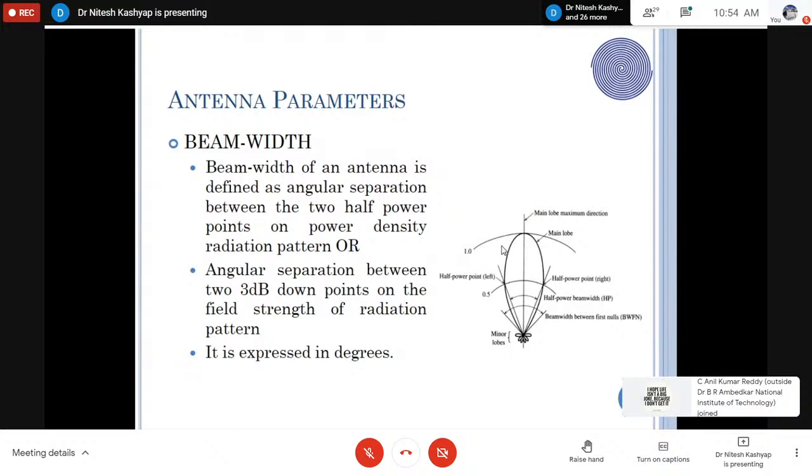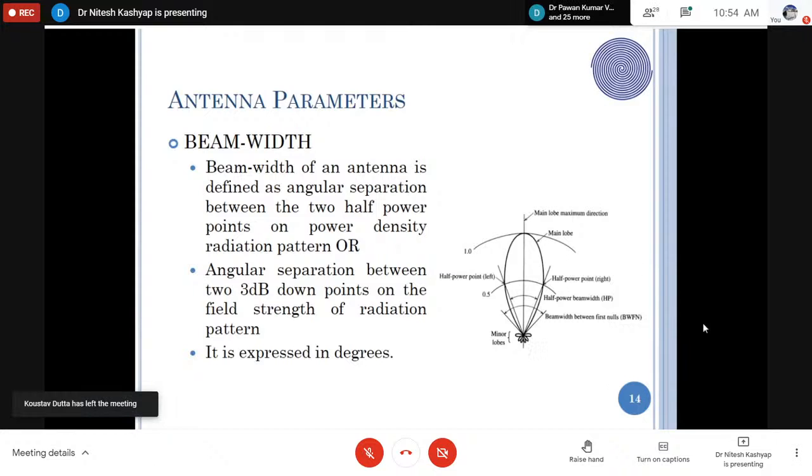The second one is the beam width. The radiation pattern has certain characteristics, like how the power is concentrated in the beam of the antenna.